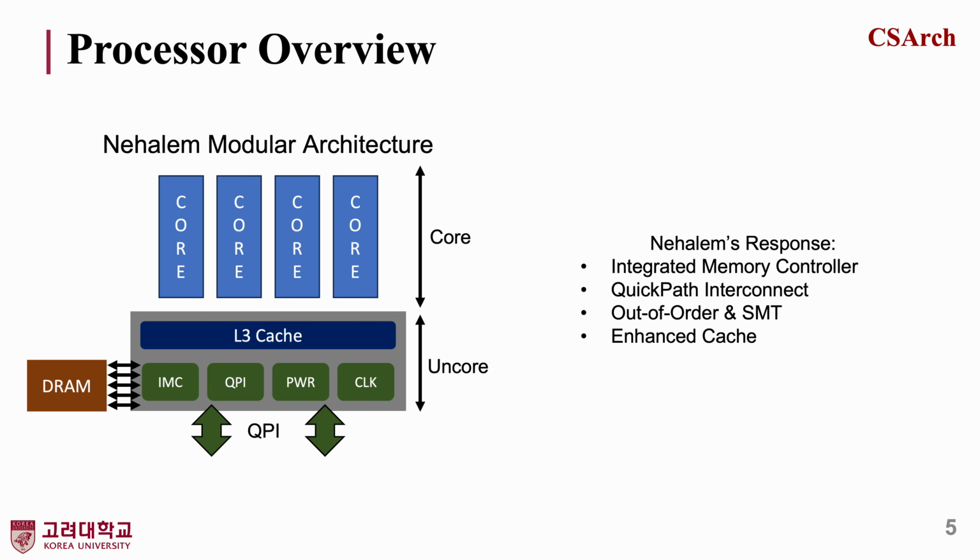This modular layout solved the FSB bottleneck, enabled scalable multi-socket systems, and gave Intel a much cheaper path to improving their throughput and efficiency. Basically, this diagram is the blueprint of all modern CPUs like Skylake or Arrow Lake or something.